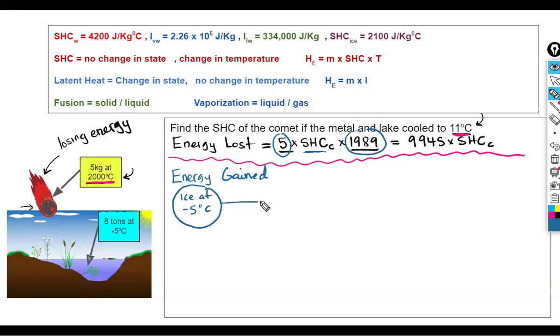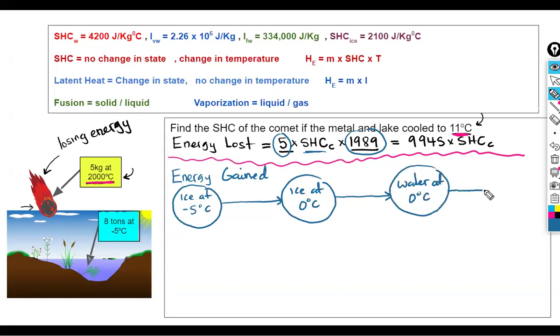Then it had to change to what? Ice at 0 degrees Celsius. Remember, the ice has to warm up first. Then the ice changed into what? Water at 0 degrees Celsius.